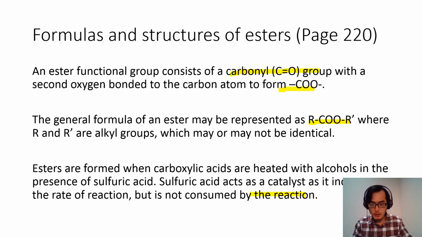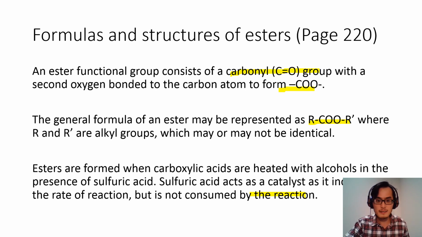So once again, what you need to focus on here is that you have a reaction between alcohol and carboxylic acid. When it's combined with the presence of sulfuric acid, you're able to produce what we call an ester. So an ester is a compound that basically combines the carboxylic acid and the alcohol.